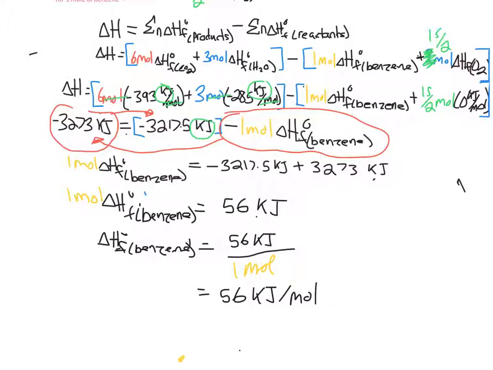If you balance your equation so that you do not have a coefficient of 1 for benzene, you would just carry whatever that mole is through this whole process, and instead of dividing by 1, you would divide by whatever the coefficient was in front of the benzene. So that is the whole solution on how to calculate and rearrange using standard enthalpies of formation. Of course, for perfect communication, you would finish off this example with a wonderful therefore statement.